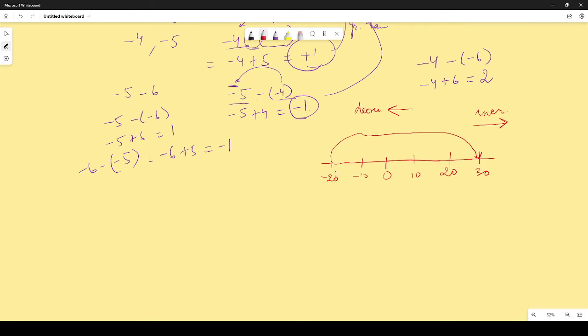How many places has it moved? It has moved 10, we are counting 10, 10, 10. So 10, 20, 30, 40, 50. So it has increased by 50. Right. Now how do we express this in equation form?